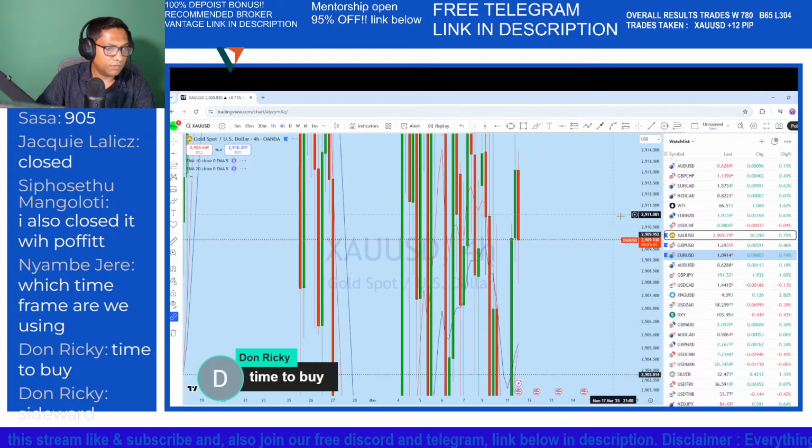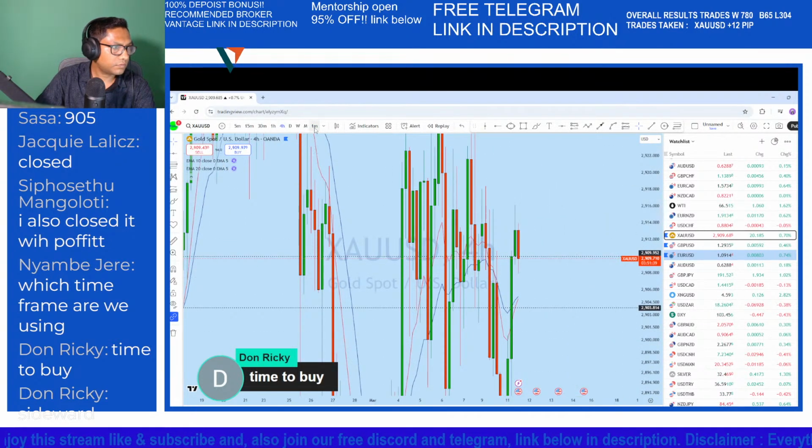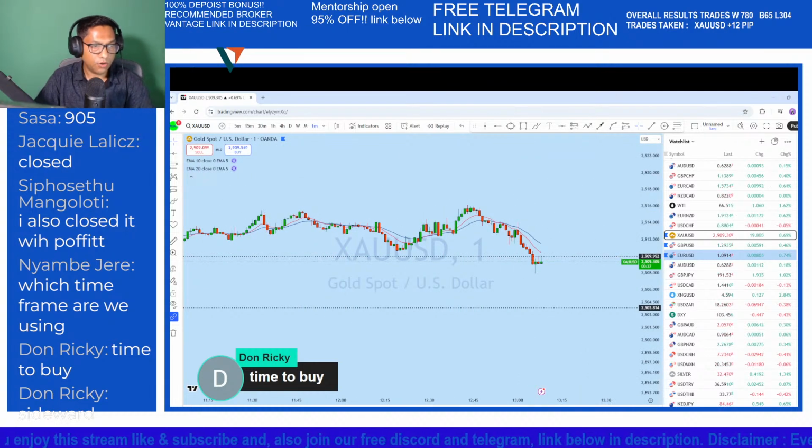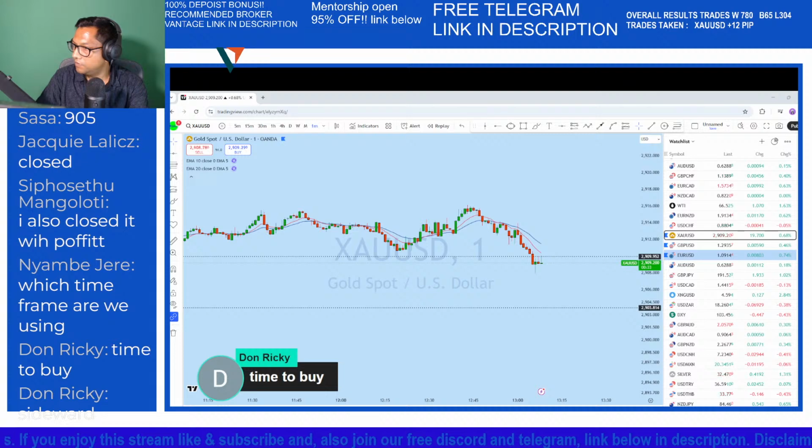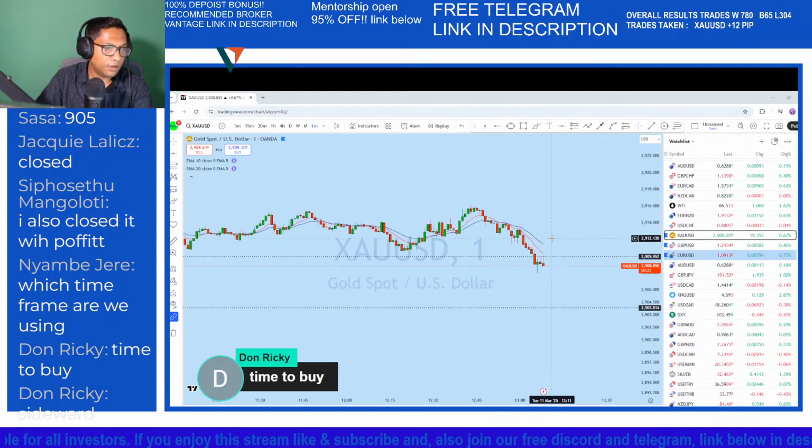Now, okay, so it's forming. So here a bearish price action.